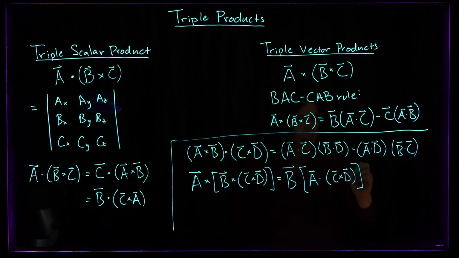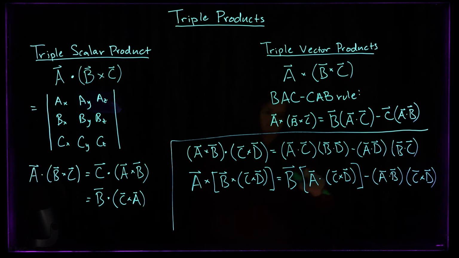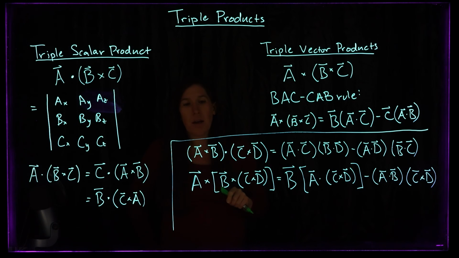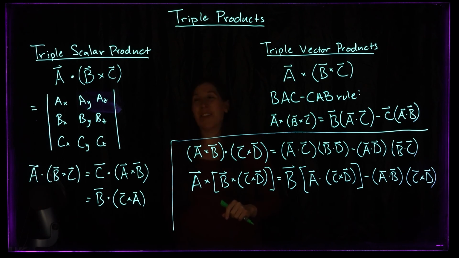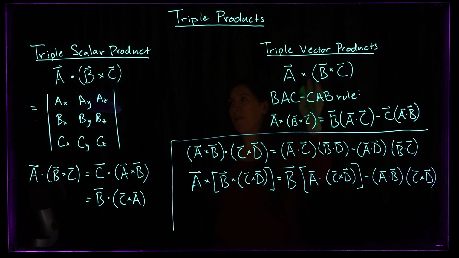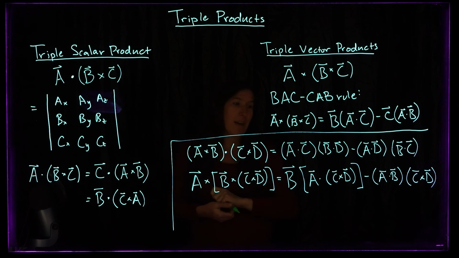And then minus A dot B, which is a scalar, but we're going to multiply it by C cross D, which is a vector. So this is also a vector, and of course subtracting 2 vectors is a vector. All right, so these are some 4 vector products that you can do, but again can be simplified, and these identities can be proven using these lower order products. All right, so those are the very common and useful triple products and even some 4 vector products.